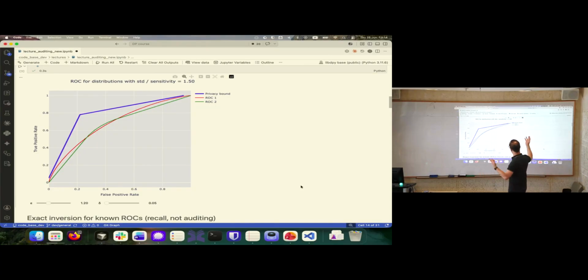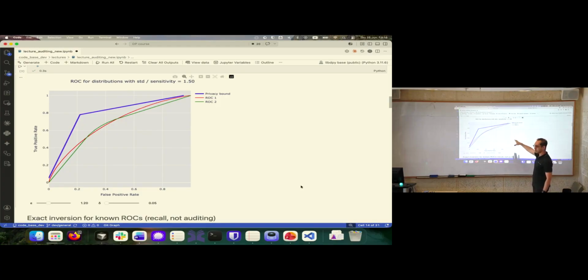So here we have two ROCs. It doesn't matter to which mechanism and which data sets they correspond. Some mechanism and some pair of data sets. So right now, with the actual values that we have here, which are delta equal 0.5 and epsilon equal 1.2, whatever, a number.